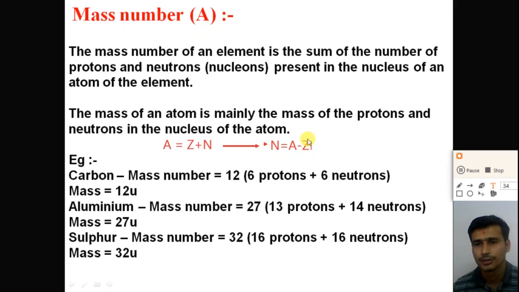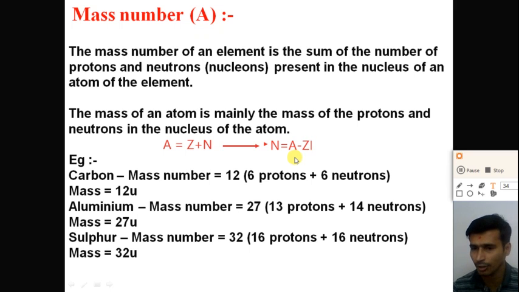So if the number of protons is subtracted from the mass number, we get the number of neutrons.